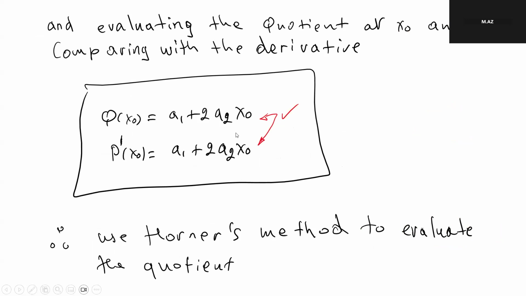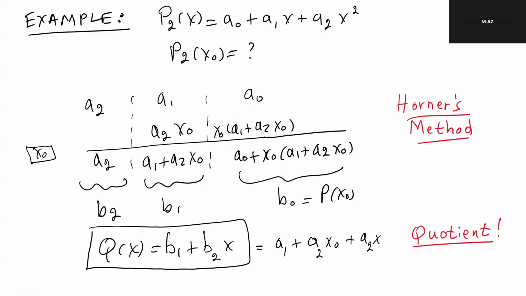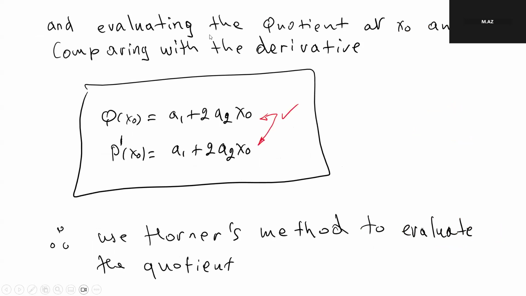If I take a derivative of the polynomial function, what is the derivative? It is 2 a2 x plus a1, and if we evaluate this at x0, we get the same answer.